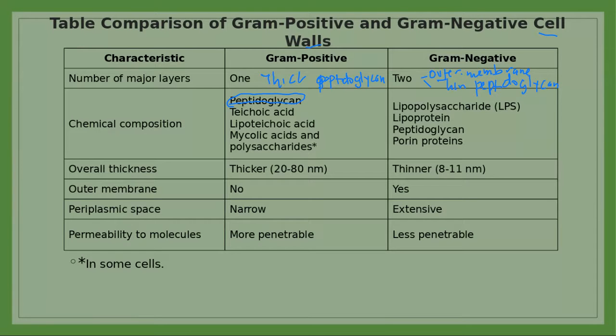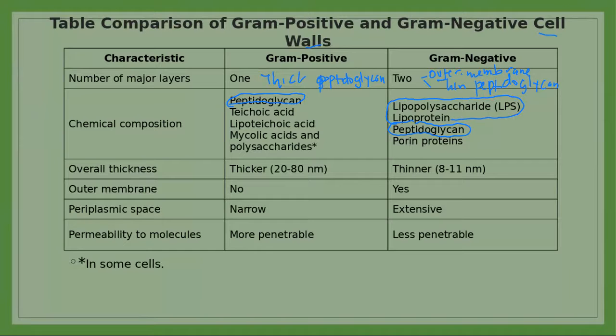For gram-negative bacteria, of course, there is peptidoglycan, but it's really thin. And above that, there is an outer membrane that consists of lipoprotein and a lipopolysaccharide layer.